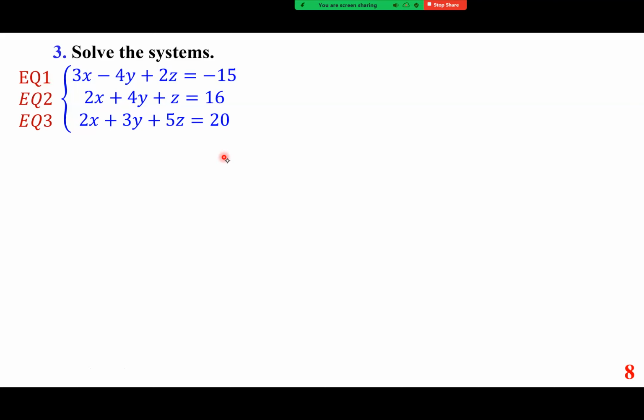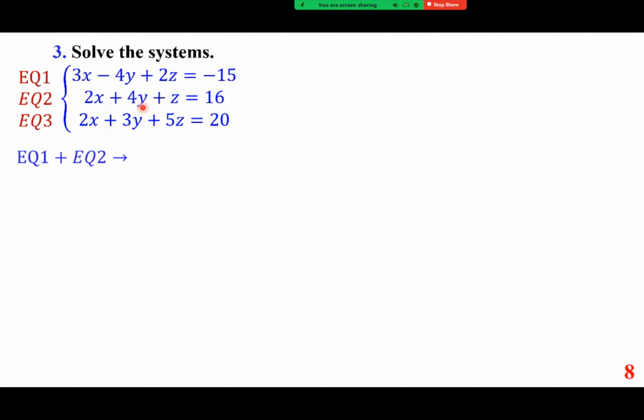Then we notice right away, by the way, you decide whether you want to get rid of the x or y or z, and it seems to me it's easier to get rid of the y because right away, just equations 1 and 2, if you add these two up, these two cancel each other.